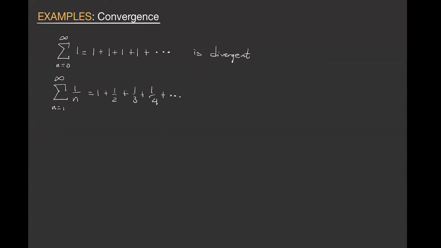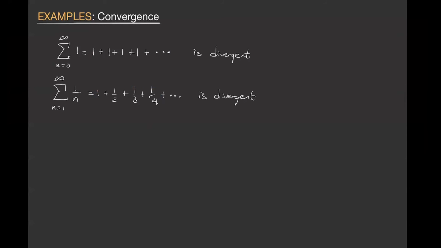This is also divergent. It's not as clear, but it does have the same effect as this first one. You can show that by adding up enough terms, you can get this sum, or a partial sum, to be as large as you want.